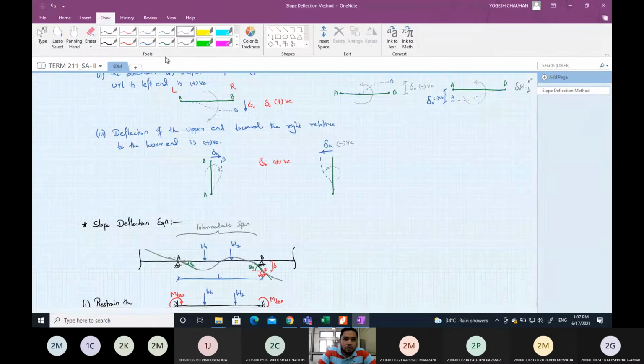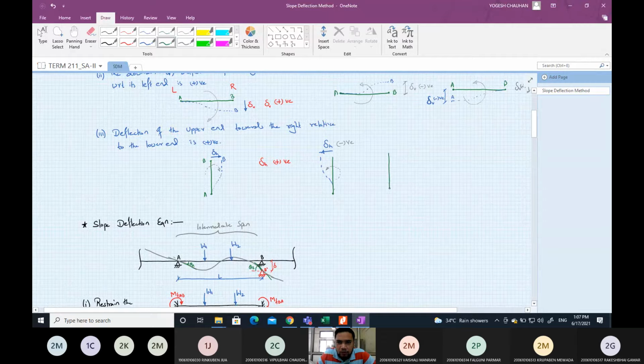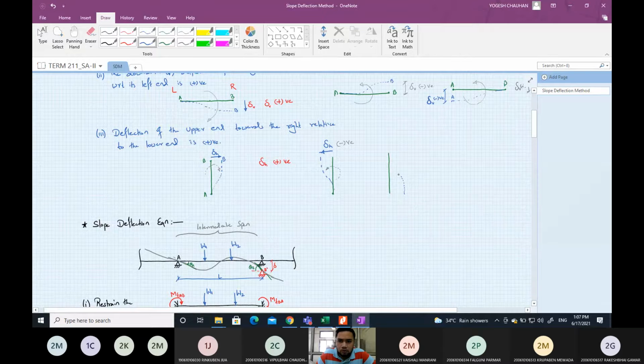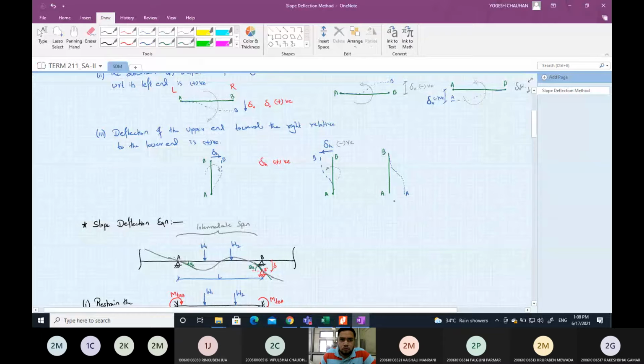Same way, if the lower end deflects towards the right, then in that case it will tend to rotate the beam again in anti-clockwise direction, so it is negative.